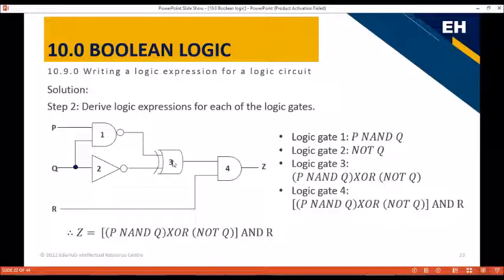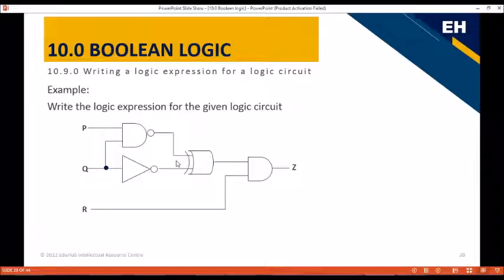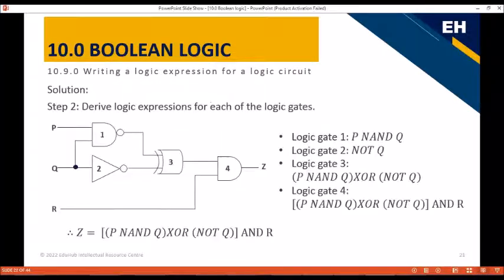Now the third one, which is the XOR gate, is taking whatever I have from the first logic gate together with the second logic gate, and combining them using the XOR.